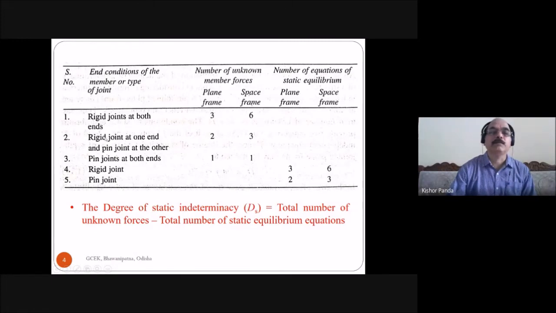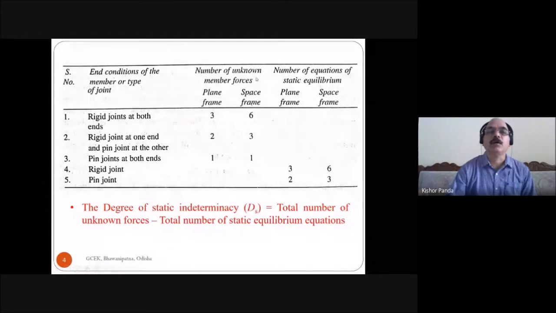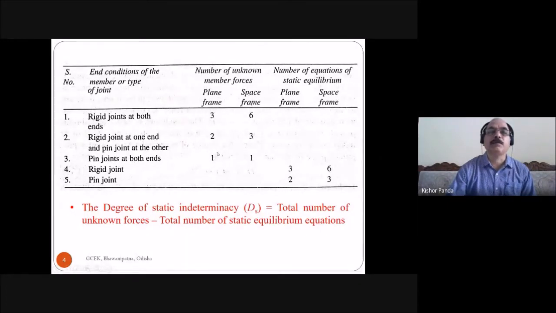If one end is a rigid connection and the other a pin connection, it is 2 for a plane frame and 3 for a space frame. If both ends are pin connected, then 1 and 1 for the plane frame and space frame.